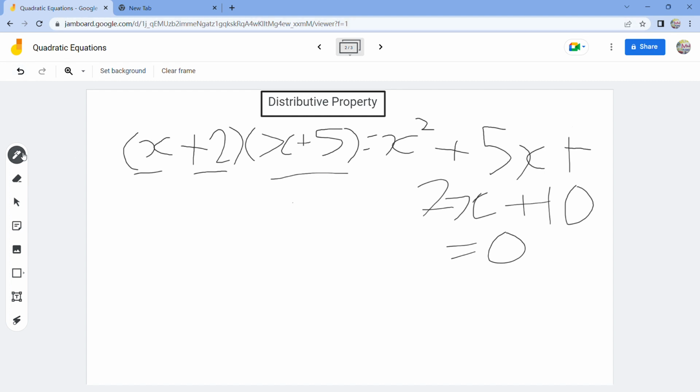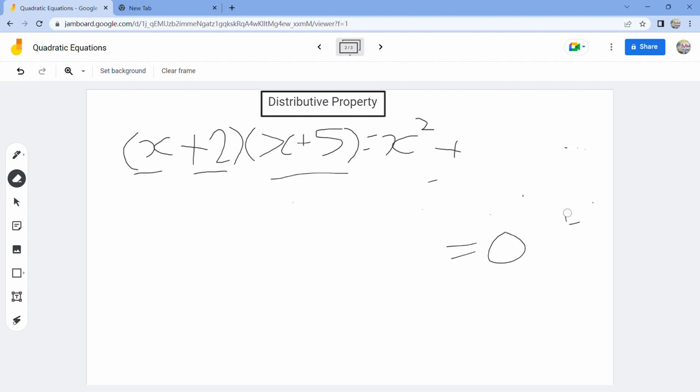Now you add up these like terms, because they have the same variable. 2x plus 5x gives 7x. So x squared plus 7x plus 10.